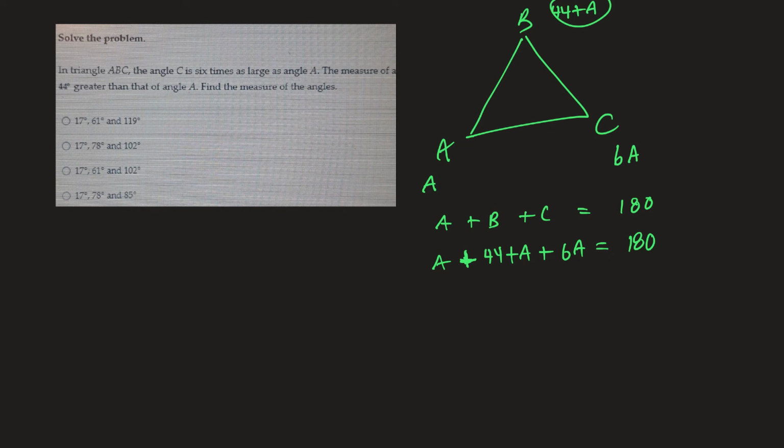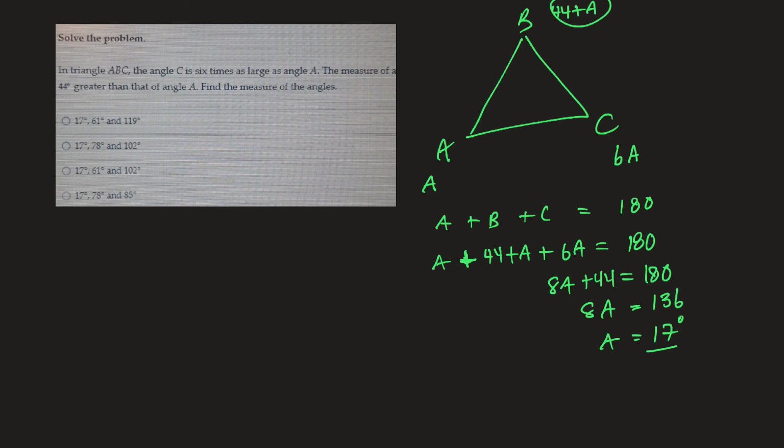So if I solve this, A plus A is 2A plus 6, that'd be 8A plus 44 equals 180. Subtract 44 on each side, and then divide everything by 8. So that's 17. So angle A is 17 degrees.